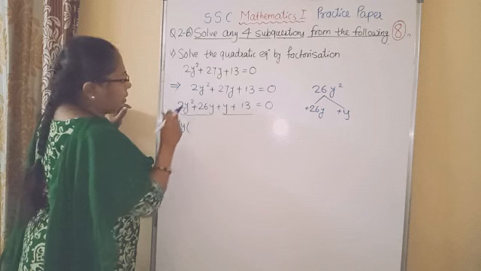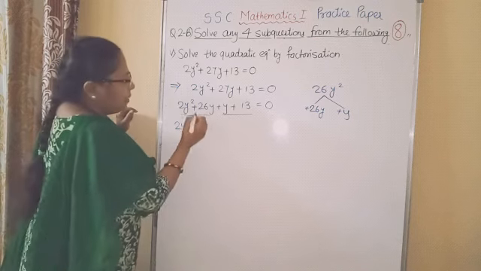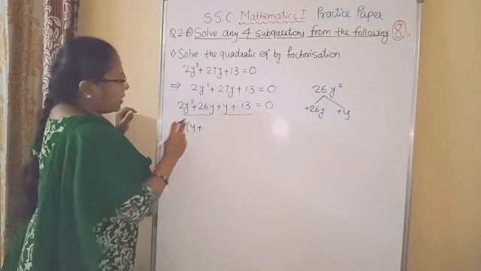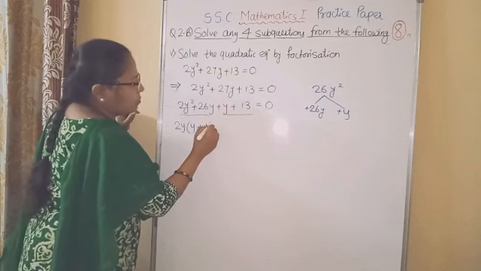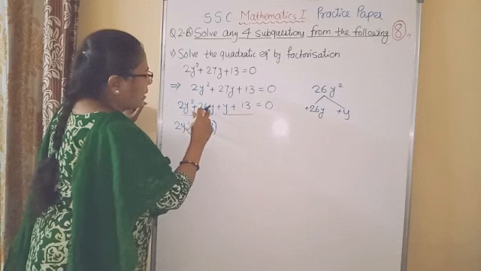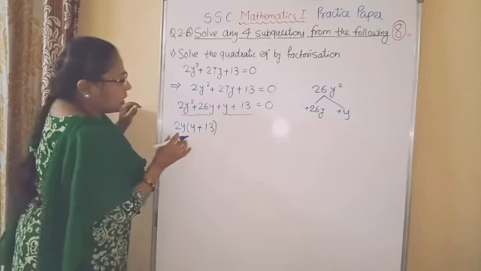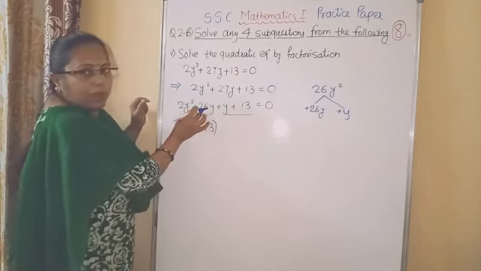From 2y square we got 2y common, so in the bracket only y remains. Plus, divide 26 by 2: 2 ones are 2, 2 thirteens are 26. Y we have taken common. So 2y into y plus 13. These are the factors of this binomial.